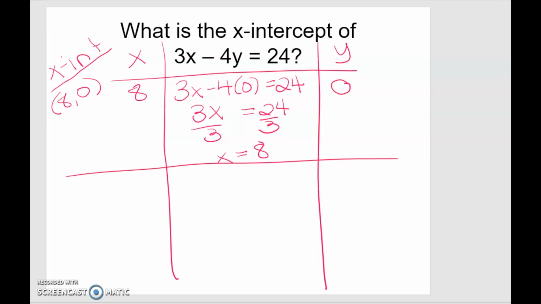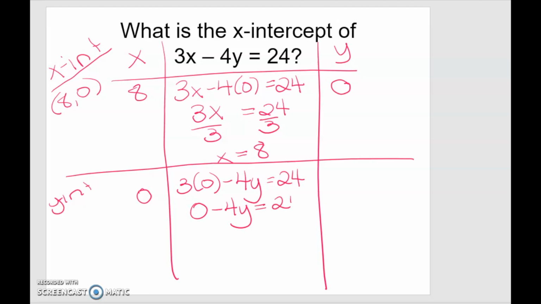Okay, now I'm going to solve for my y-intercept. Again, when I'm finding my y-intercept, x will be 0, y will have a value. So 3 times 0 minus 4y equals 24. 3 times 0 is 0, minus 4y equals 24.